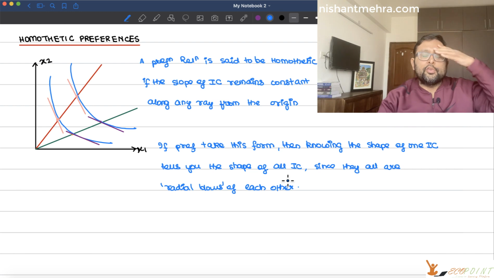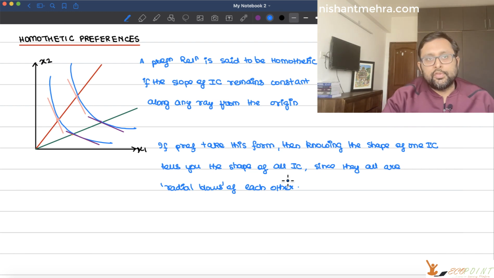So if you know one indifference curve and you know that these preferences are homothetic, then if you draw any ray from the origin and you take the slope of the different indifference curves along that ray, that slope is going to remain same. So you know this fact. If you know this, then you know the entire indifference map. That's what is being said.